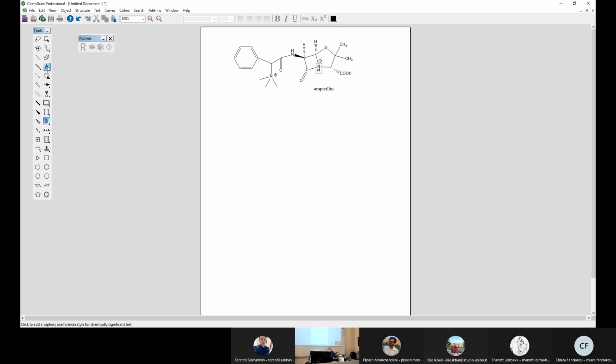If you are in basic condition, you have the ionization of the acidic function, in this case a CO minus. So at basic pH, you have a negative charge in this position. In acidic condition, you have a positive charge. This means that this molecule is not absorbed in an ideal way because it is charged at every pH unit.